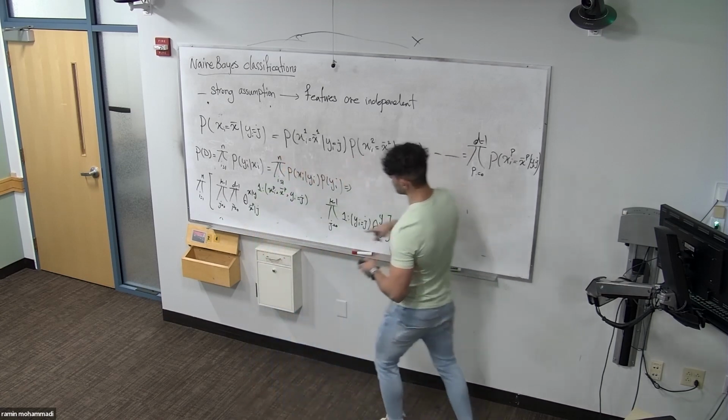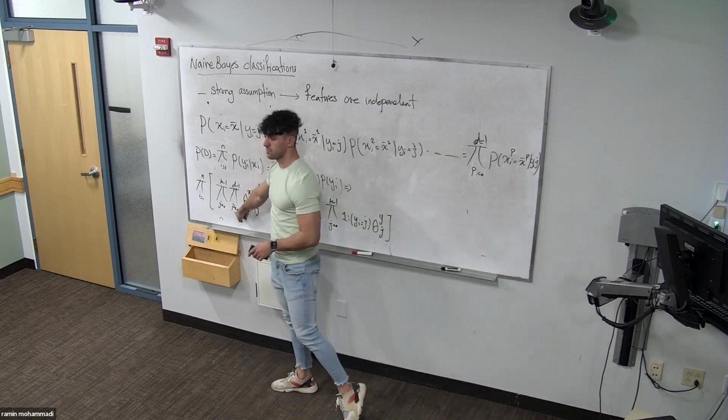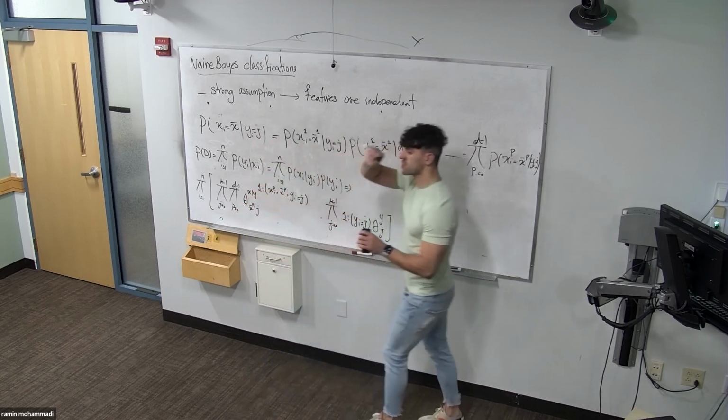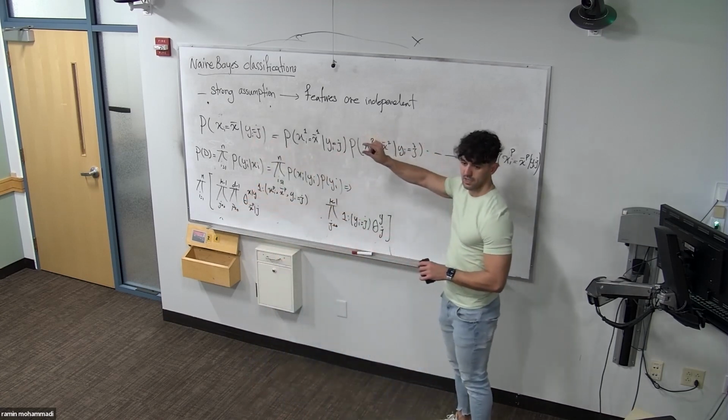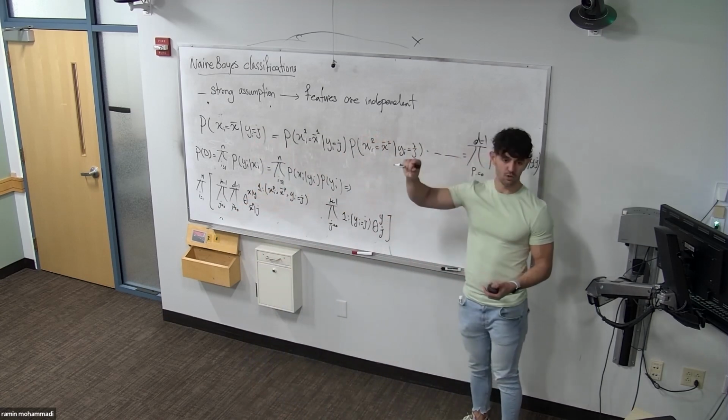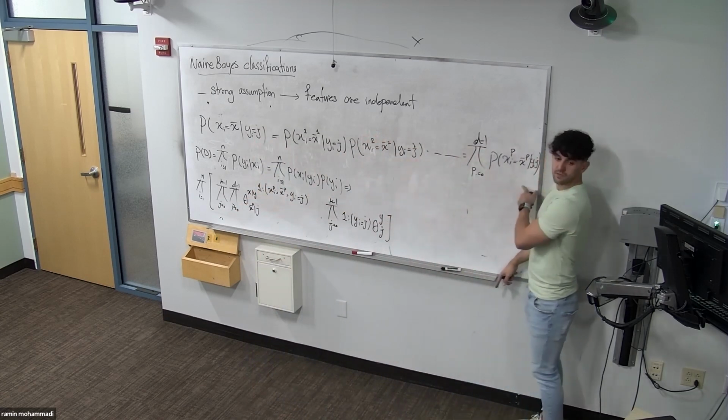So the only thing that changed is we removed that x bar, because x bar was for one whole record, right? Because now they're independent, you don't care about the whole record. The whole record will be represented this way, right?